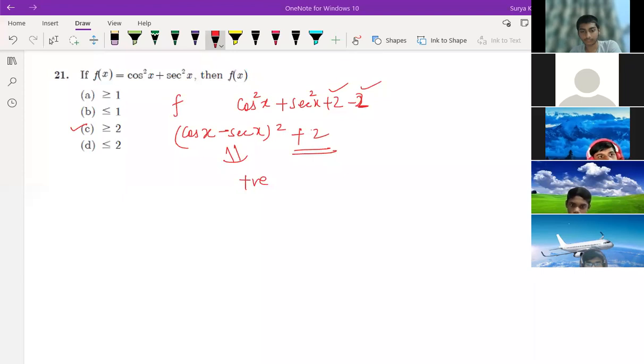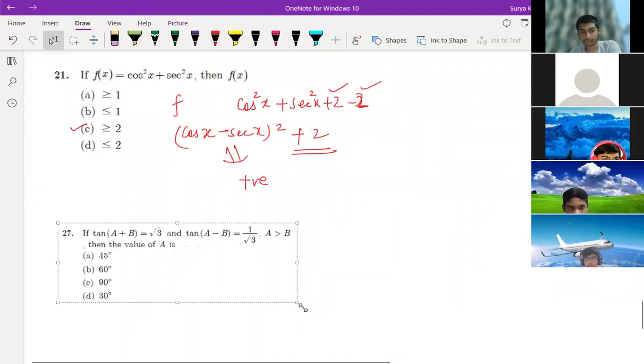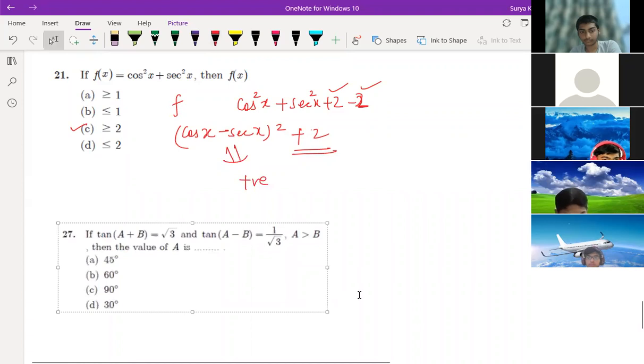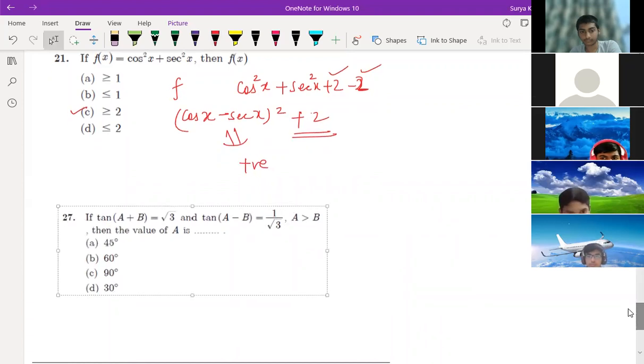So this question is very easy. The 27th question is very, very easy. Just see, children. The 22nd or 27th? See this, 27th. This is the easiest question among all.